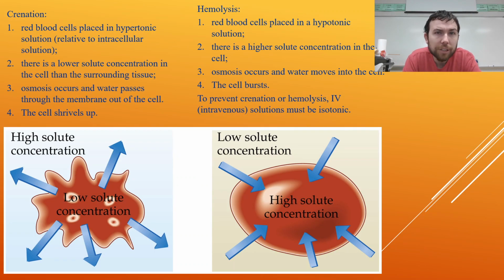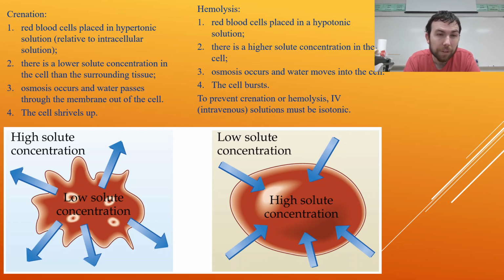So there's crenation and then there's hemolysis, right? In crenation, which is the situation on the left, you've got a red blood cell that's placed in a hypertonic solution. So that means that the red blood cell has the lower concentration, and this is all relative to the solution that it's in. So that means there's a lower solute concentration in the cell than in the surrounding tissues.